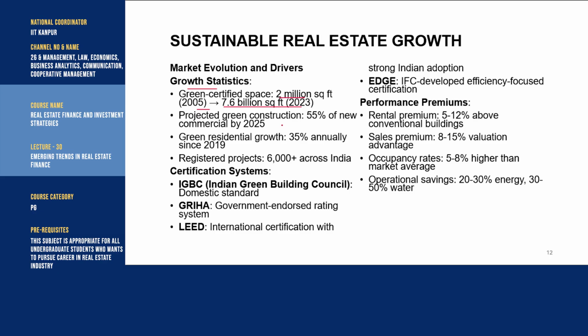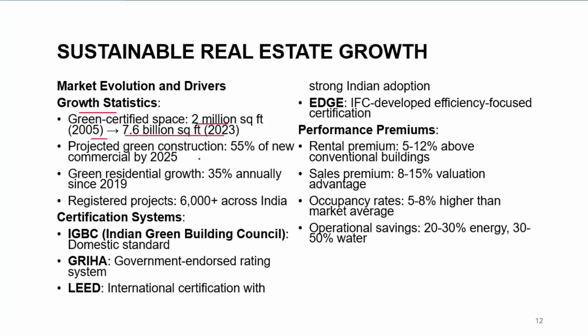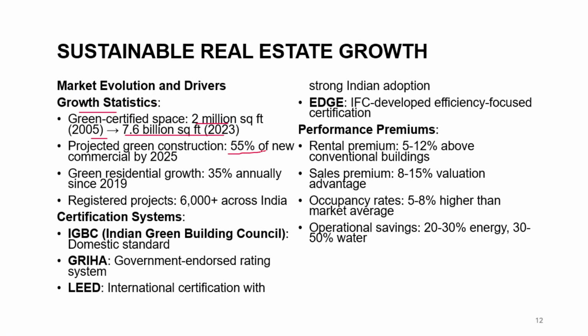That's a 3,800 fold increase in less than 2 decades. Projected green construction is expected to represent 55% of the new commercial construction by 2025, which is a very rosy number.